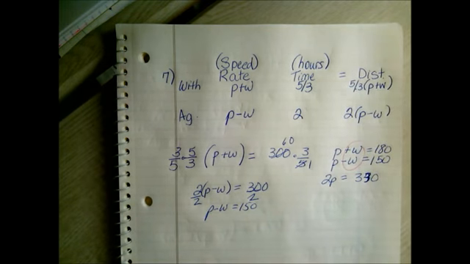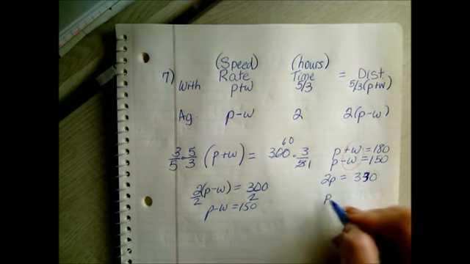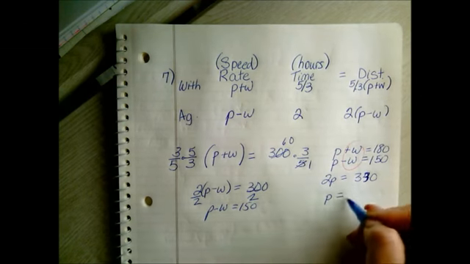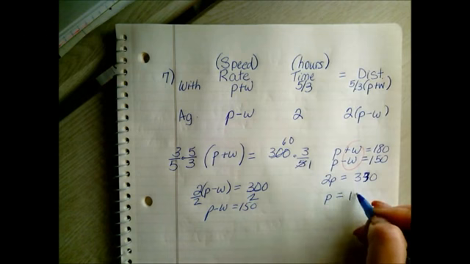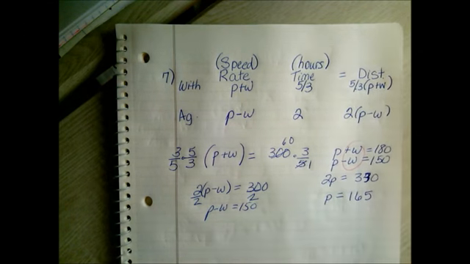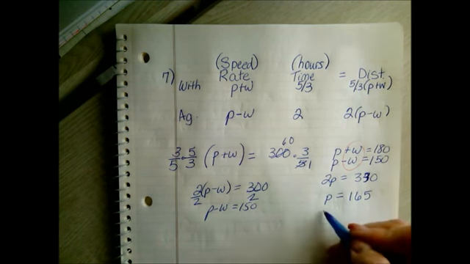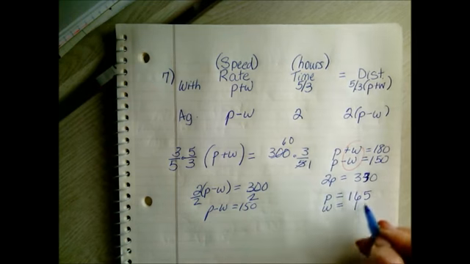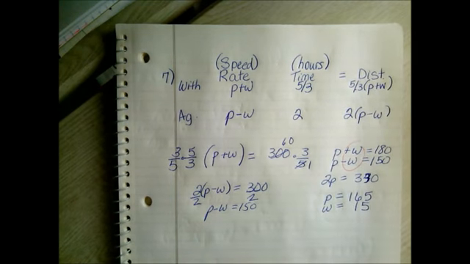Dividing by 2, we end up with P equaling what? 165, which means the helicopter's speed is 165. What's the wind speed? What do you think the wind speed is? Yep, exactly right. All right.